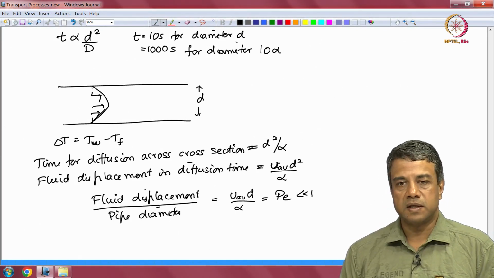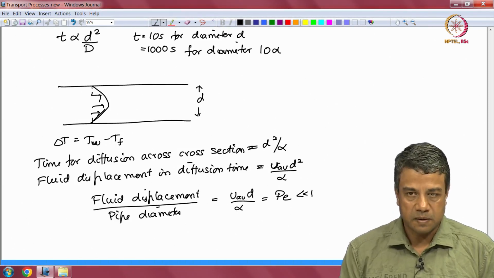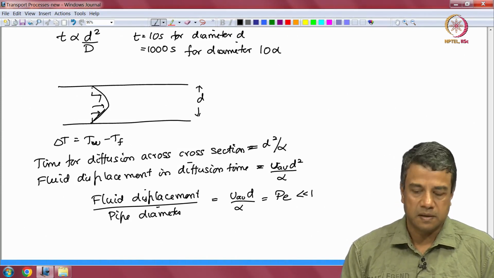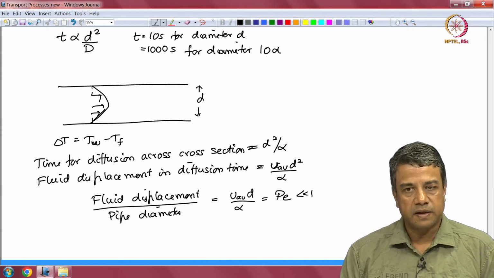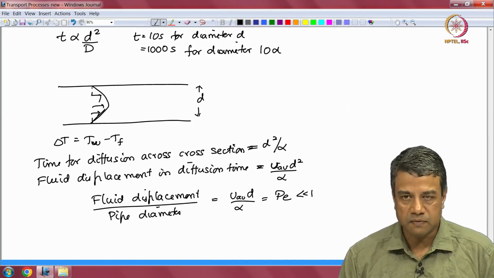Once the temperature is equalized across the entire cross section, no further conduction takes place, because the temperature is now uniform. All the heat has been diffused across the entire cross section, and there is no advantage to having a long length of pipe.